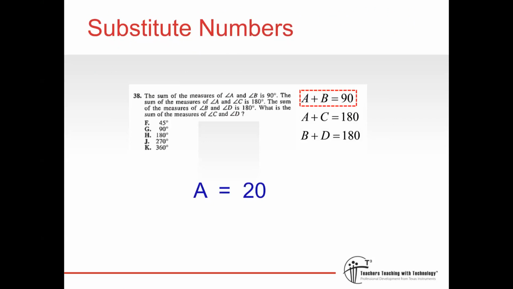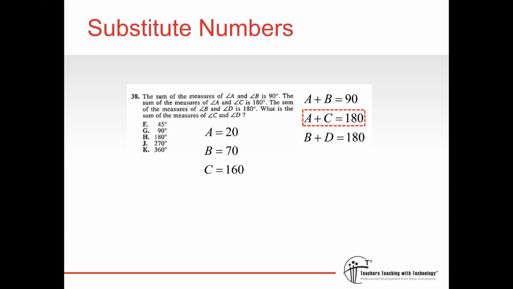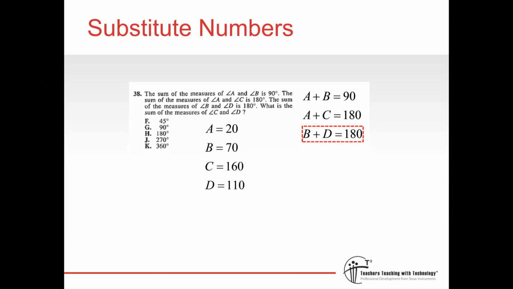For example, if A is 20, B has to be 70. If A is 20, what about C? Well, if A is 20, C's got to be 160. And if B is 70, D has to be 110. And you add up C and D, and you get 270.